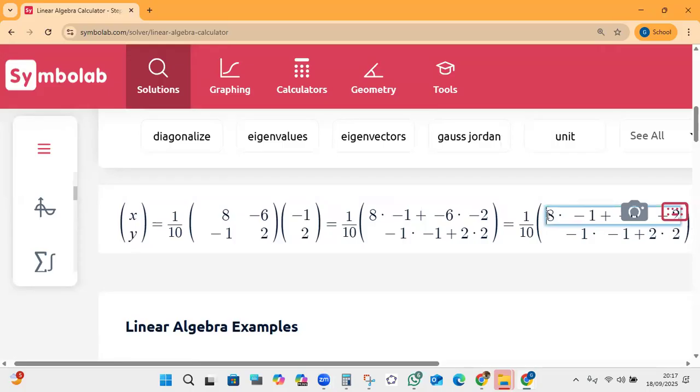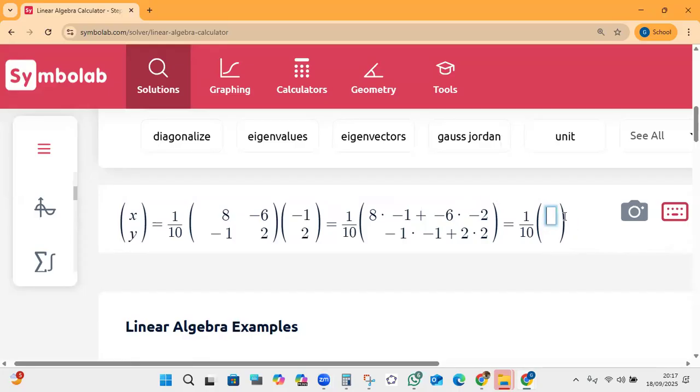So let's simplify this. 8 times -1 is -8.